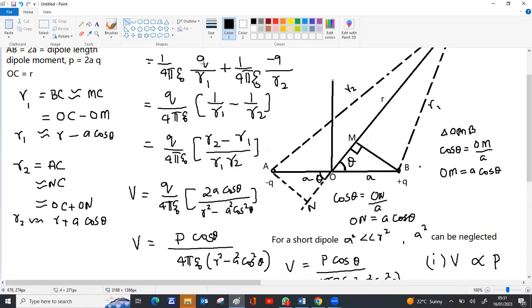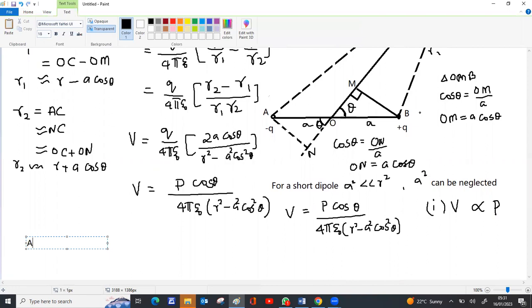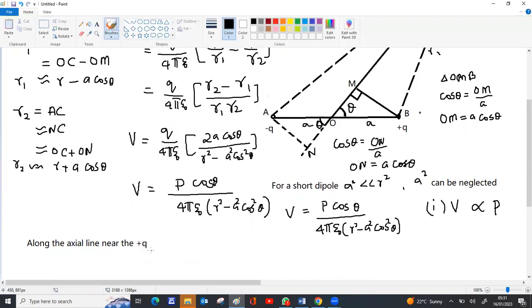If you take along the axial line near the positive charge, theta will be 0.